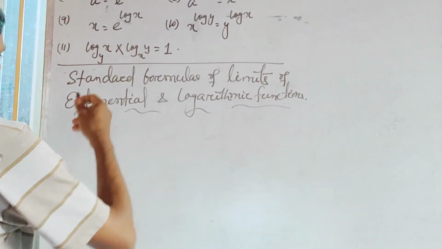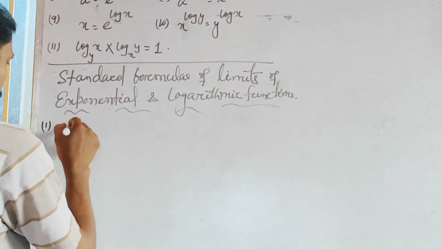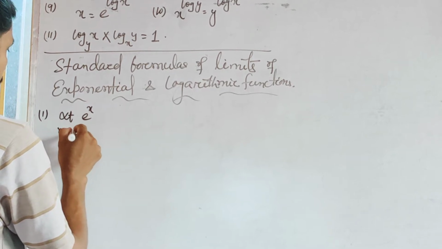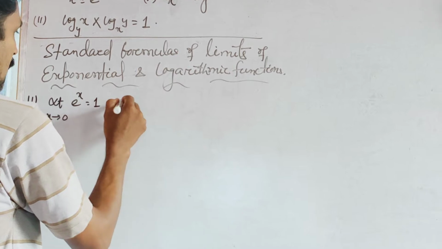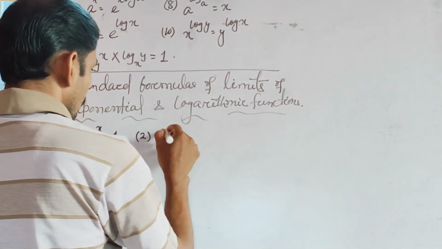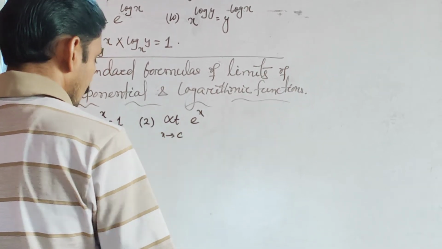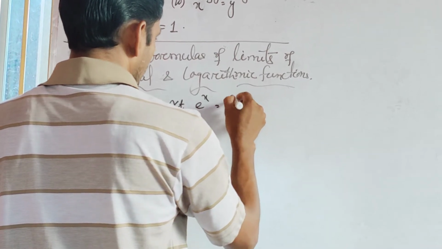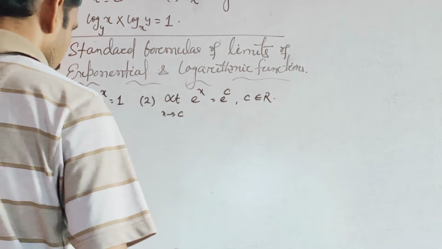Number one is limit x tends to 0 of e to the power x, this is 1. Number 2, limit x tends to c of e to the power x is equal to e to the power c. Here c belongs to R.